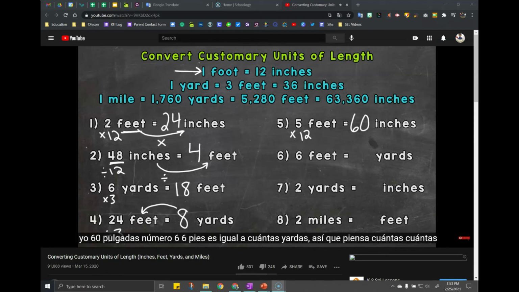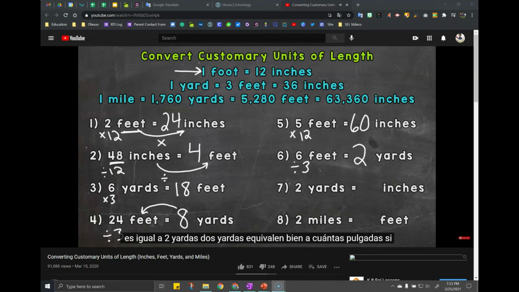Number 6. 6 feet equals how many yards? So think, how many feet in 1 yard? Well, 3. So how many groups of 3 can I pull out of that 6 feet? Or think of it as 6 divided by 3. And that's going to give us 2. So 6 feet equals 2 yards.